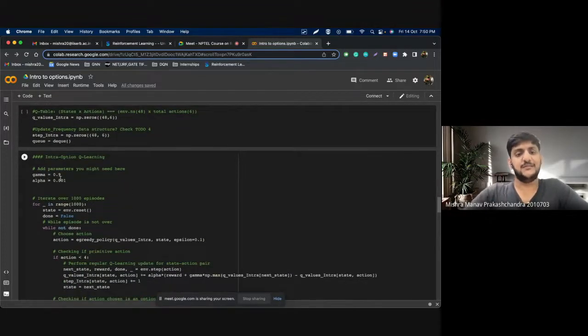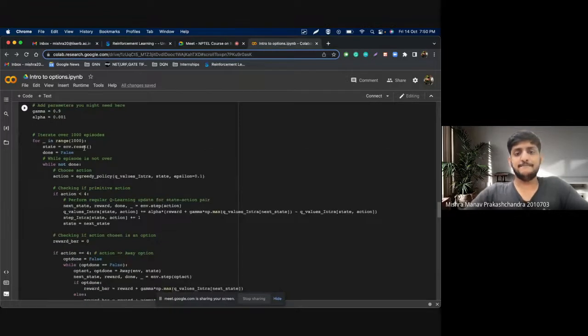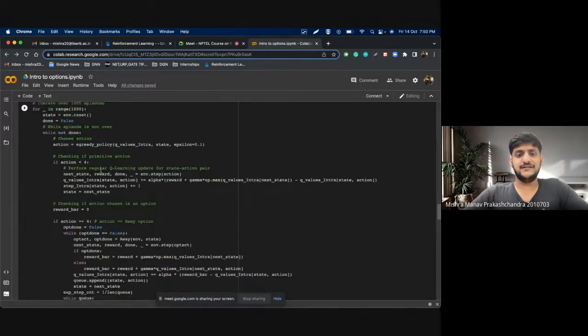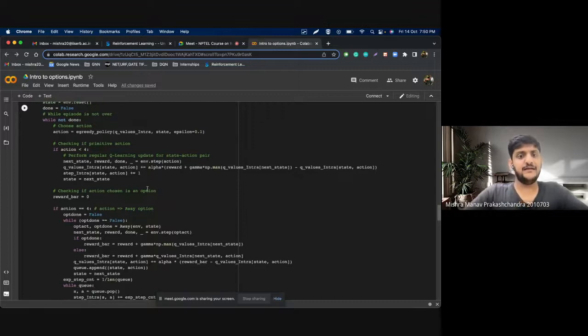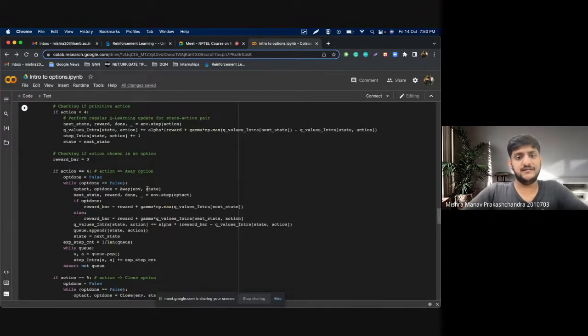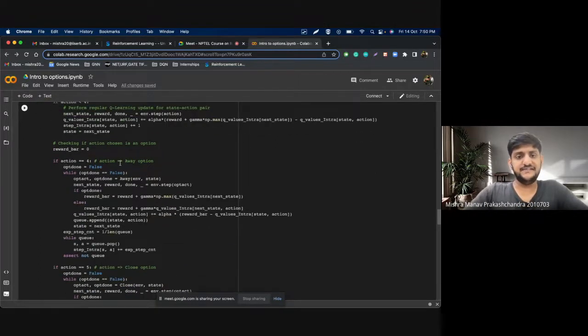So we have the gamma, the alpha. Checking if primitive action is less than 4, you perform your regular Q learning update for the state action pair. And then if it's an away action, I'll perform Q learning on that part as well.